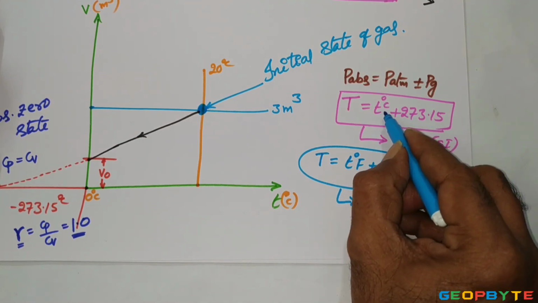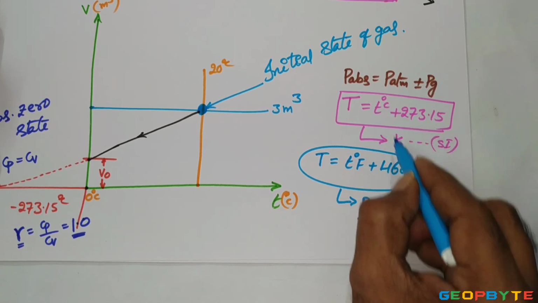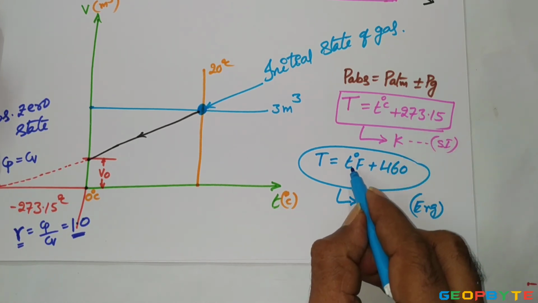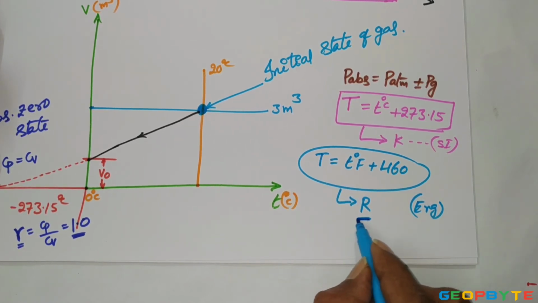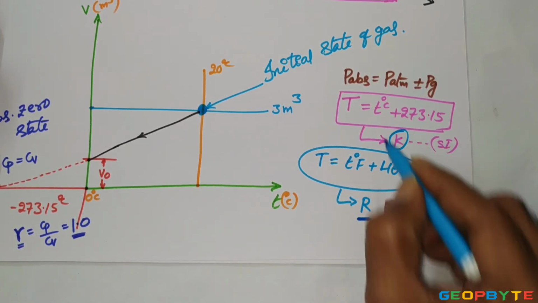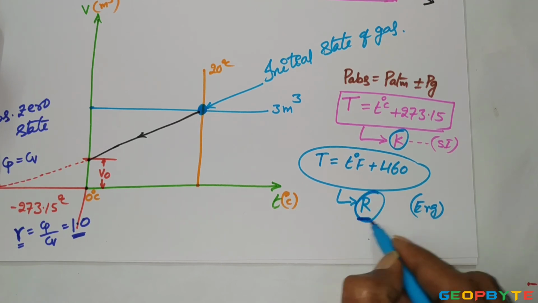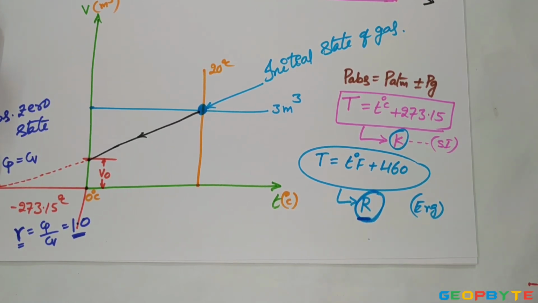The absolute temperature scale for Celsius scale is Kelvin scale, and absolute temperature scale for Fahrenheit scale is Rankine scale. Anyhow, Kelvin scale and Rankine scale both come under absolute temperature scales. With this, the thermometry is completed.